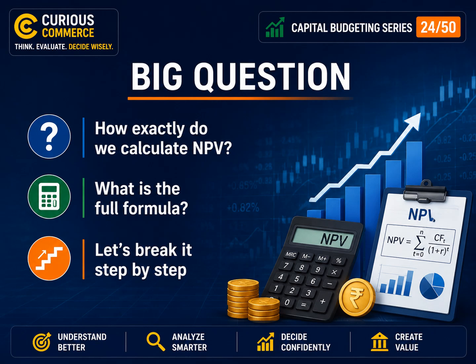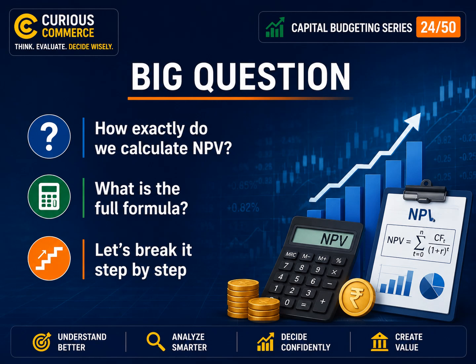The questions like how exactly do we apply the formula? Why are there powers in the denominators? Why do we discount every year separately? Today, we will answer all these questions step by step.